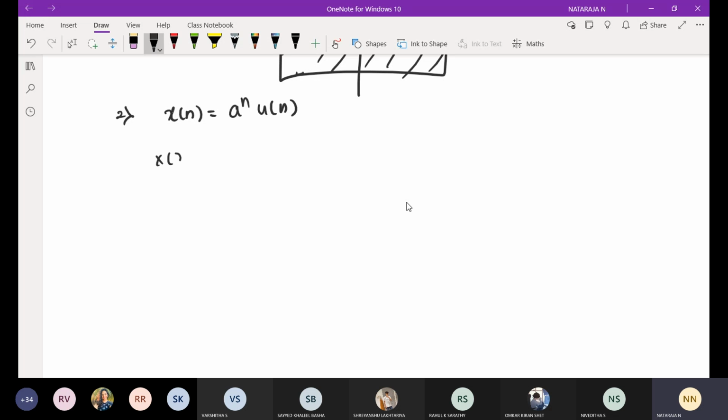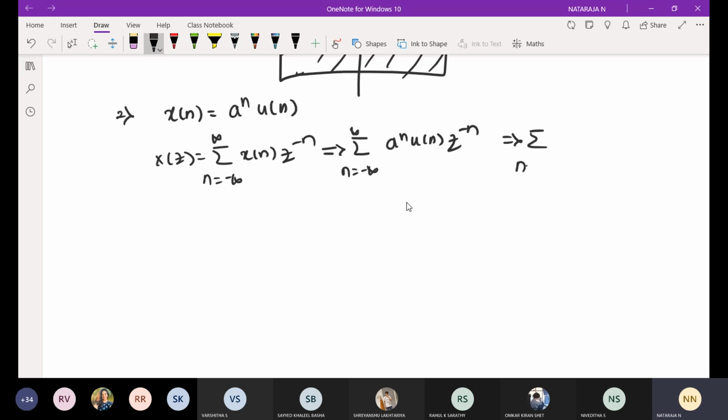X of z is equal to summation n is equal to minus infinity to infinity x of n z power minus n, that is equal to summation n is equal to minus infinity to infinity a power n u of n z power minus n, that is equal to summation n is equal to 0 to infinity, because u of n limits I am going to interchange, a power n z power minus n, that I am going to take with respect to n is equal to 0 to infinity, az inverse to the power of n.